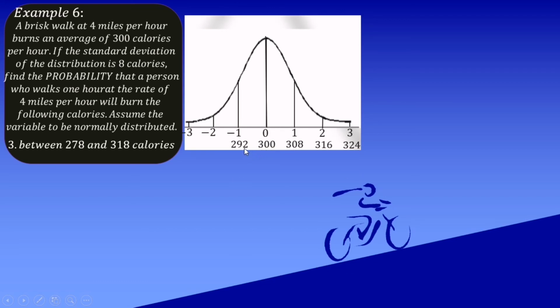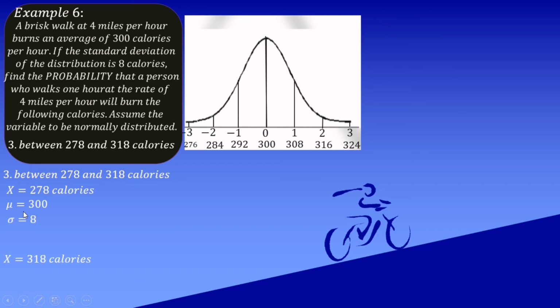Okay, these are the values for the z-scores or the x values. Since we're asking for between 278 and 318 calories, by looking at the x values, hindi natin ma-determine kung saan yung exact values for these calories. So let's answer with the use of z-scores or z computing values.